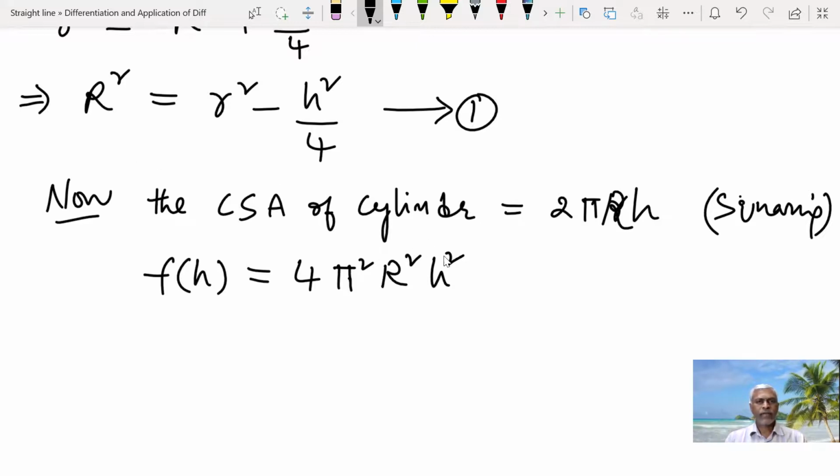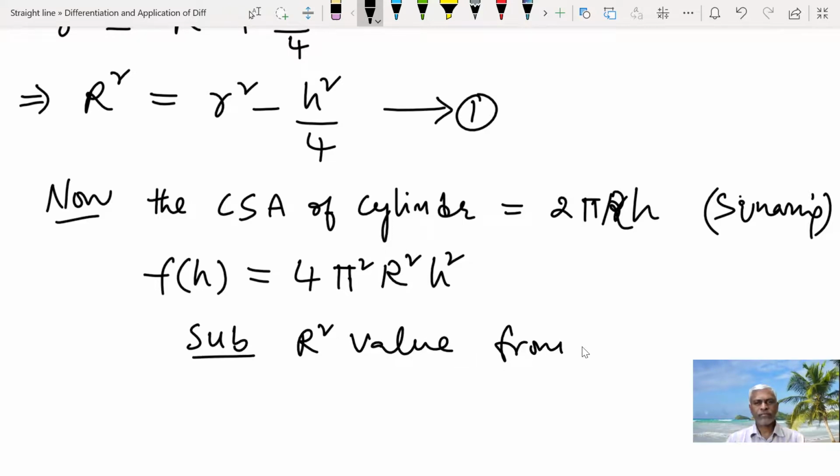Substituting the capital R square value from 1, this is a function of h. Height we have to decide.